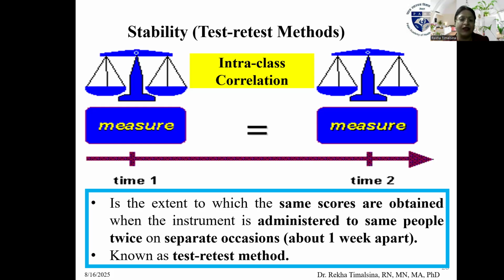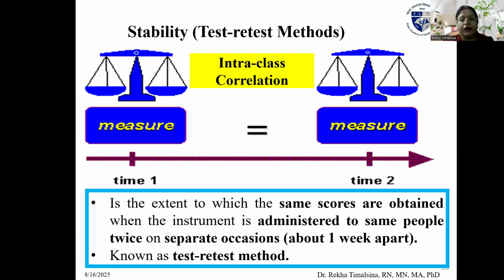In this approach, the same test is administered twice to the same group of people with a specified time interval, typically about 1 week between administrations, and the two sets of scores are correlated using a Pearson product moment correlation.